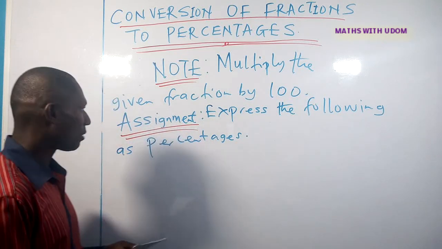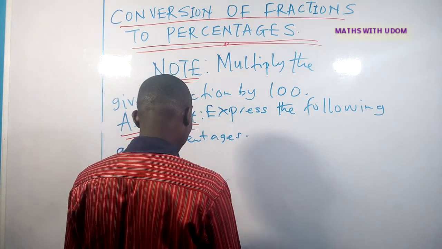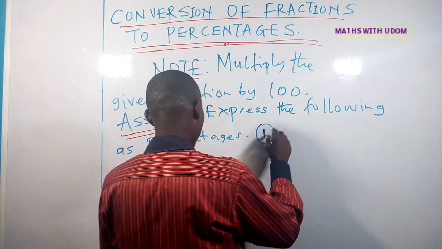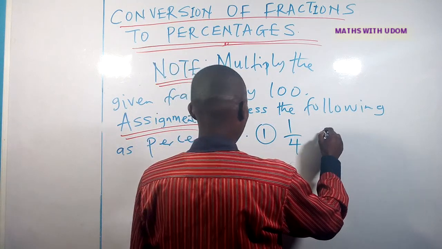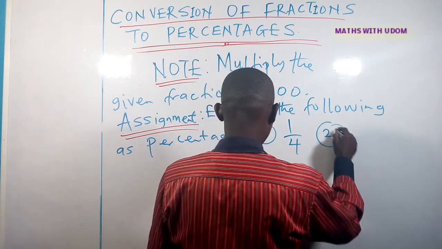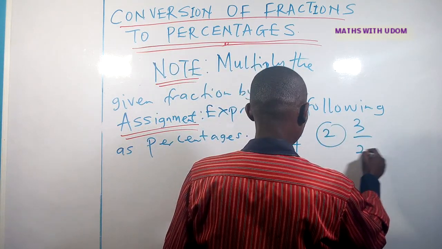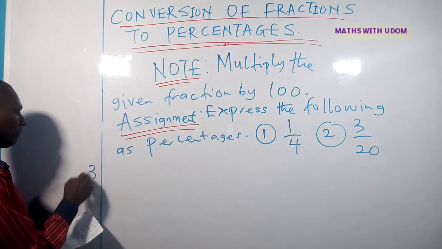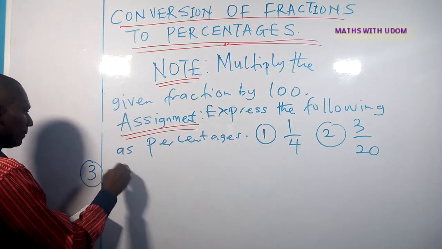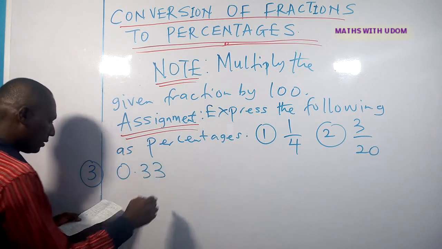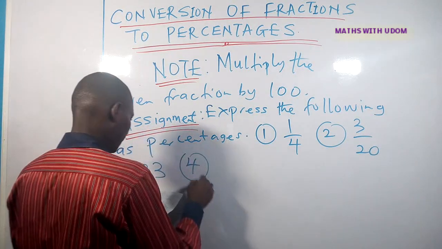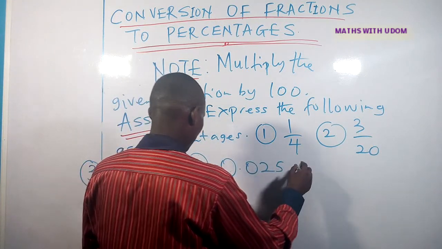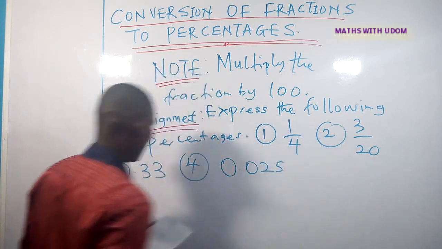Okay, so what are the examples? Number 1, 1 over 4. Number 2, 3 over 20. Number 3, 0.33. Number 4, and then number 5.